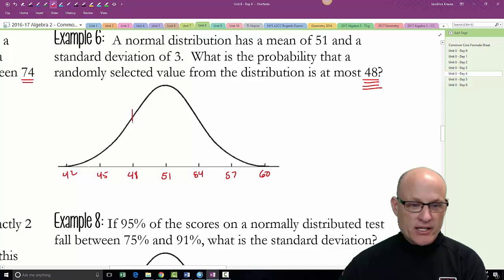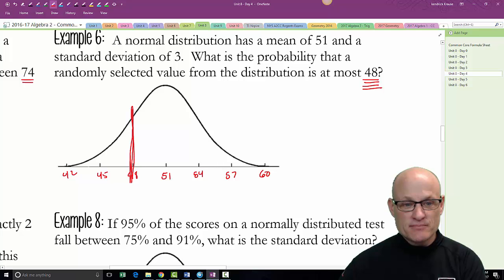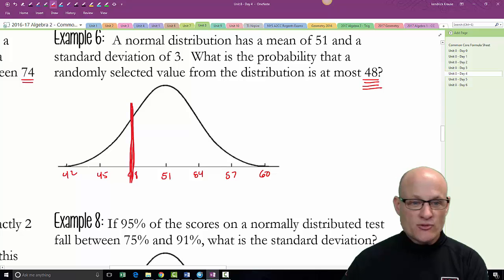So the most it can be is 48. This is the highest it can be. So it can't be any of this. Or, I mean, it can be all of this, but the highest it can be is 48. So what I'm looking for is all of this down here.